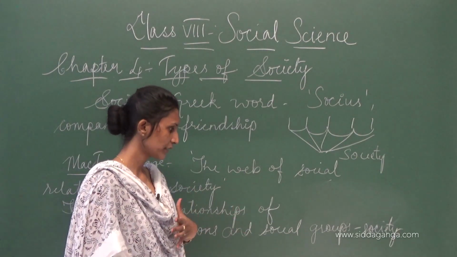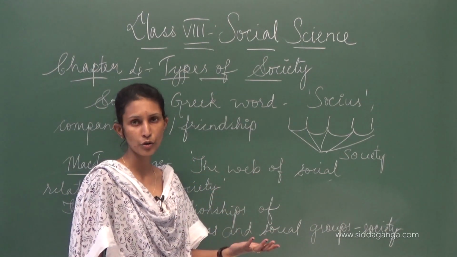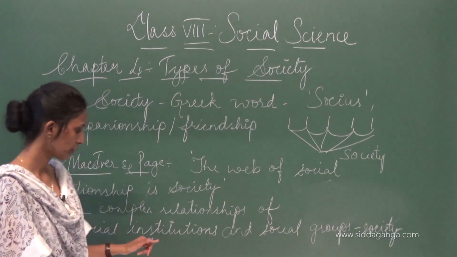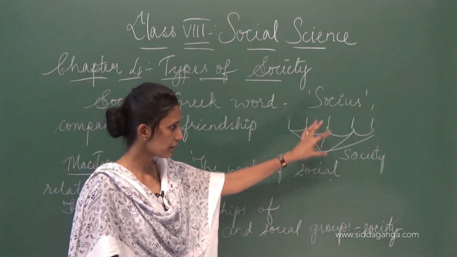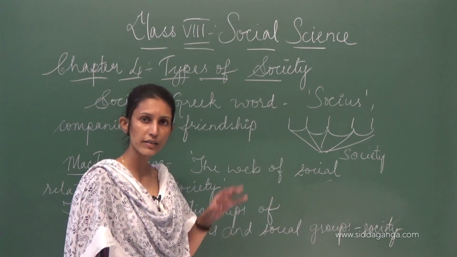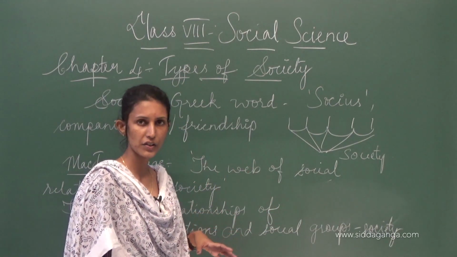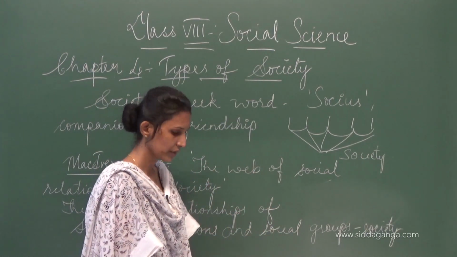So that's a complex relationship of social institutions and social groups. What's mentioned here? Social institutions and social groups. Now, this is one group. And take a hospital or an educational institution. The relationship that is there can also be termed as society.